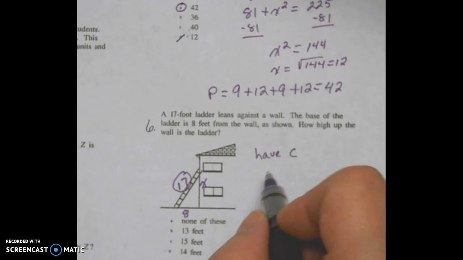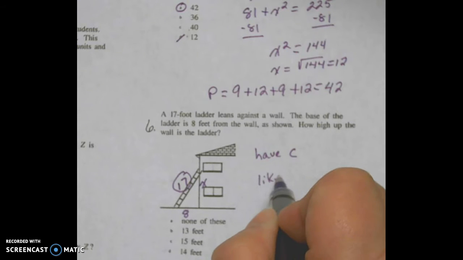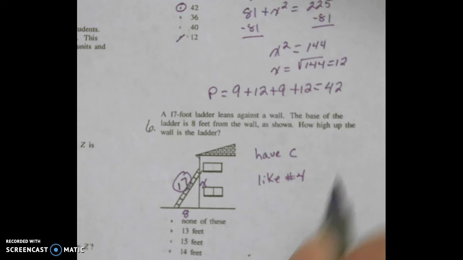So this problem you'll work out just like number 4. You want to end up with a number that's smaller than 17. Your answer choices are all smaller than 17. So you'll have to work out the problem just like you did for problem number 4.